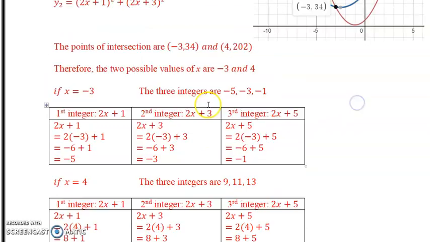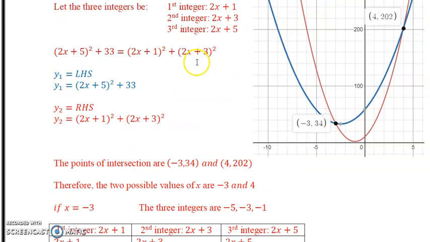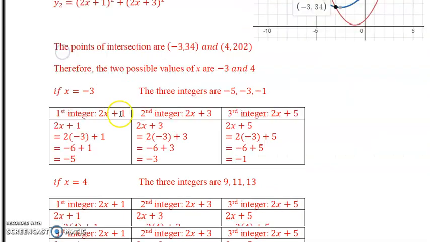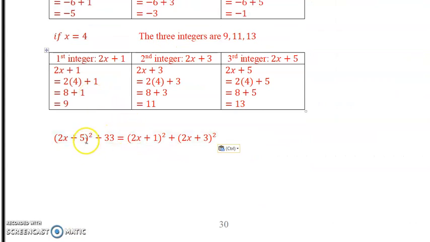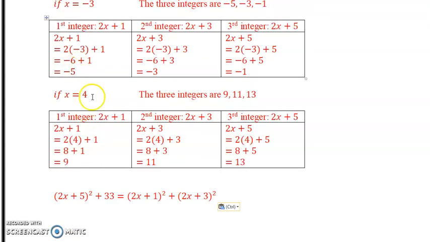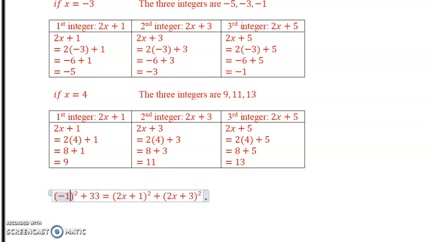Now let's see if that satisfies our initial equation. Right? So remember the largest integer. So we'll check this one here and see if it works. So remember, this largest integer ends up being -1 squared.